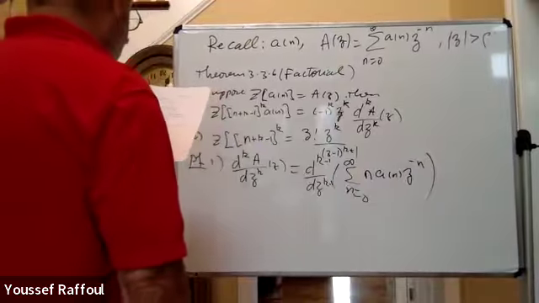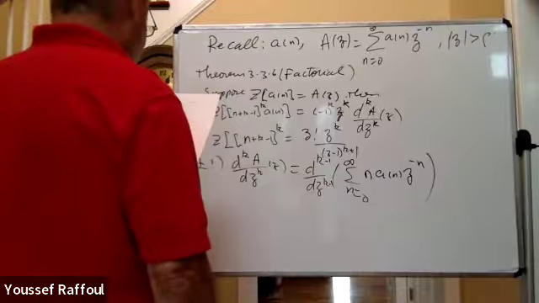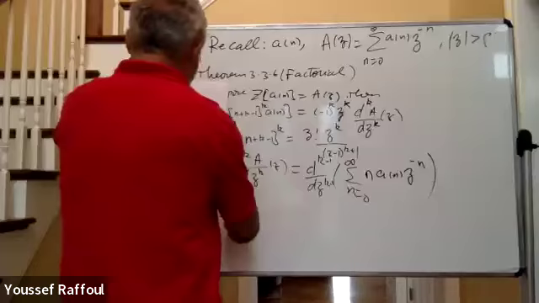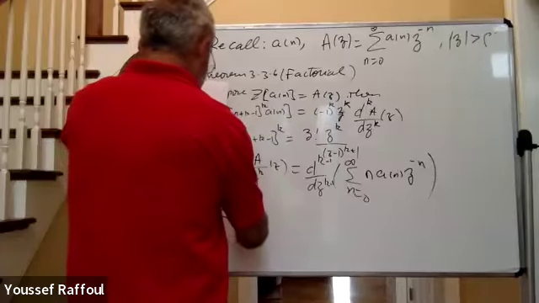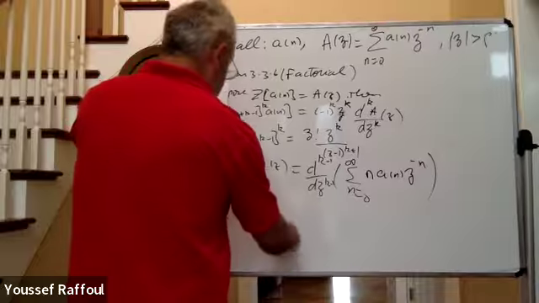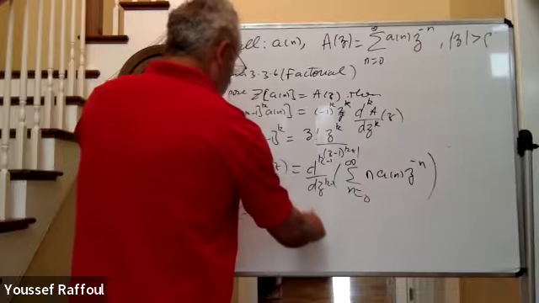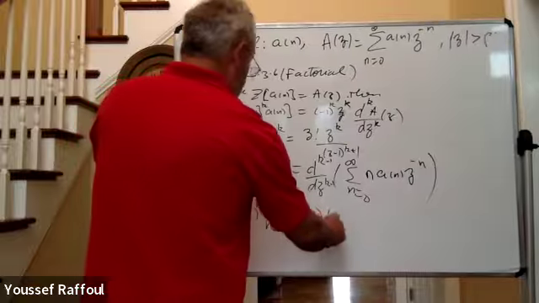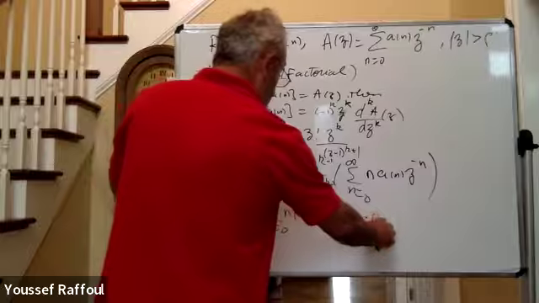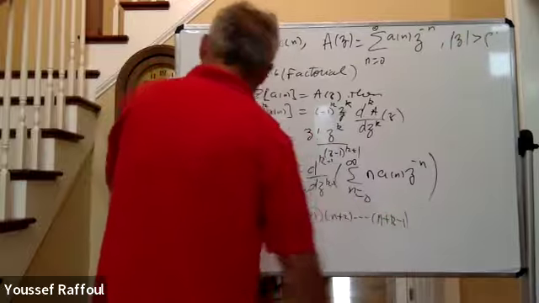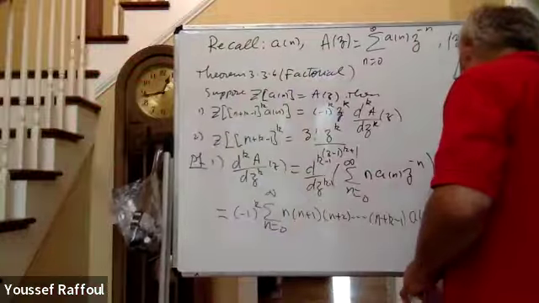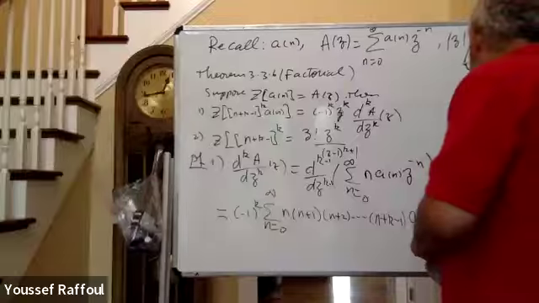For k equal 1, this is going to be (-1)^k, the sum from n equals 0 to infinity of (n+1)(n+2) up to (n+k-1), a_n z^(-n-k).